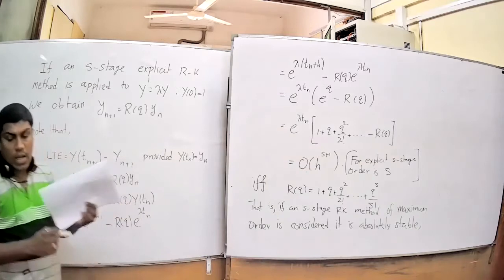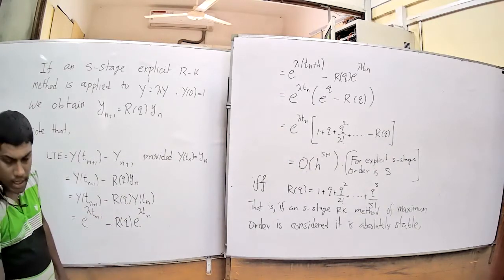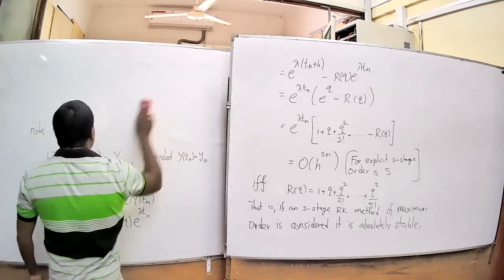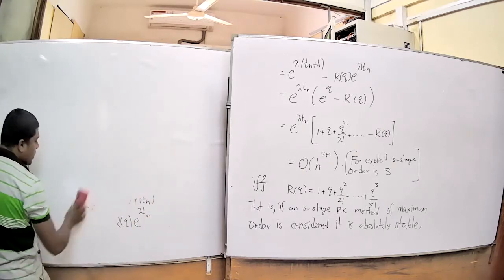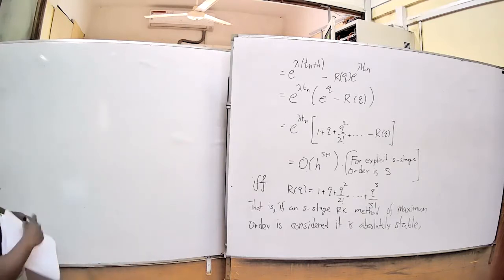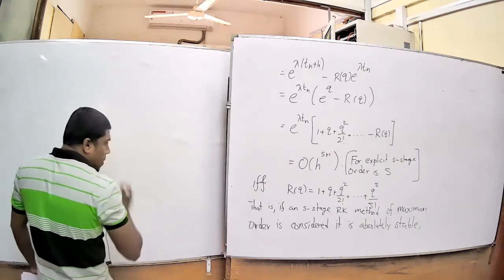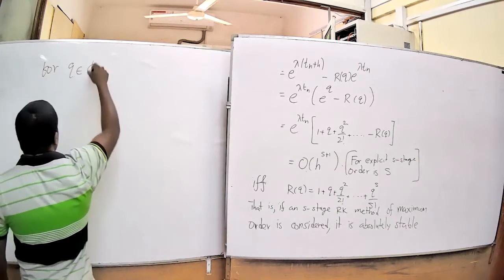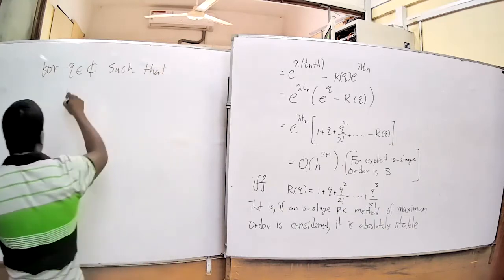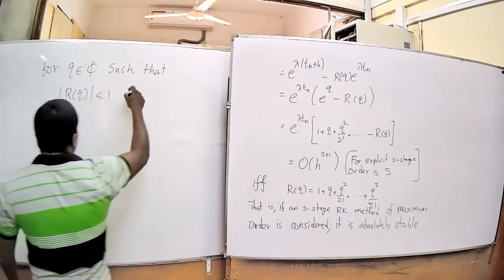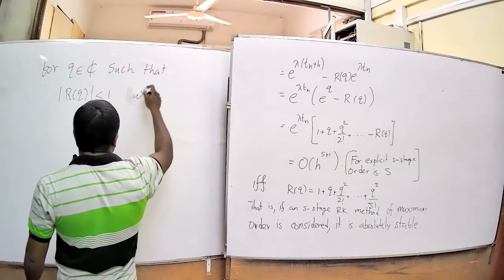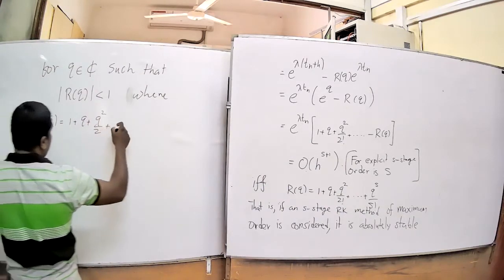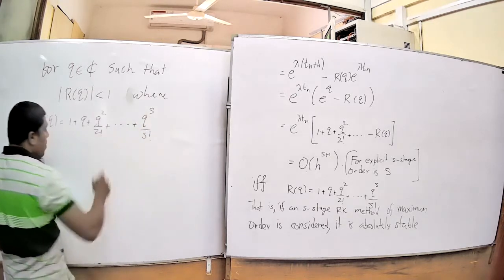If an s-stage maximum order Runge-Kutta method is considered, then it is absolutely stable if and only if the absolute value of that polynomial is less than 1 for certain q.